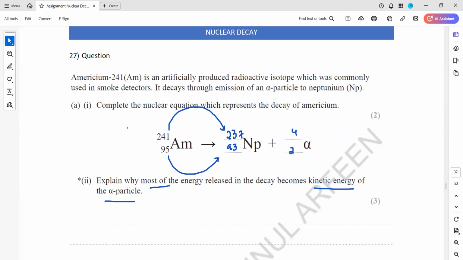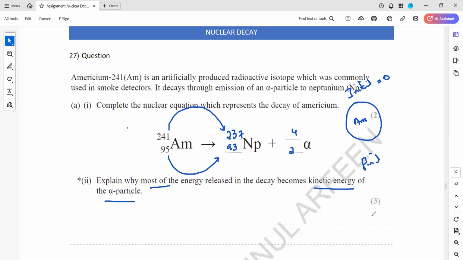First, what will happen? Whenever a decay occurs, the momentum should be conserved. So what is the initial momentum of the americium nucleus? That is 0. So the final momentum should also be 0.